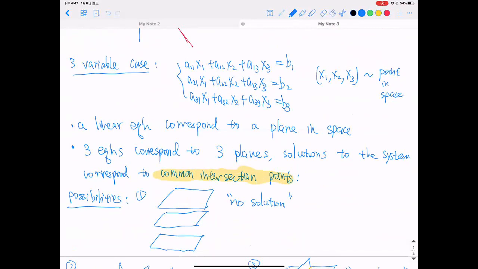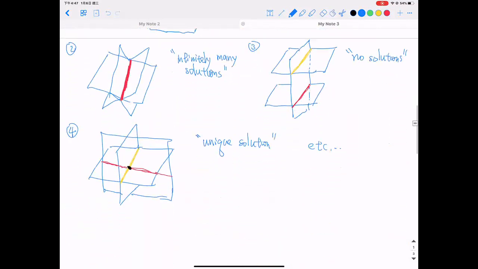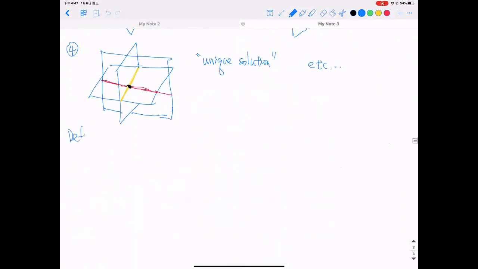All right, now there's a definition to make. We are interested in solutions to linear equations, and this definition is related to that. A linear system is called consistent if it has at least one solution.